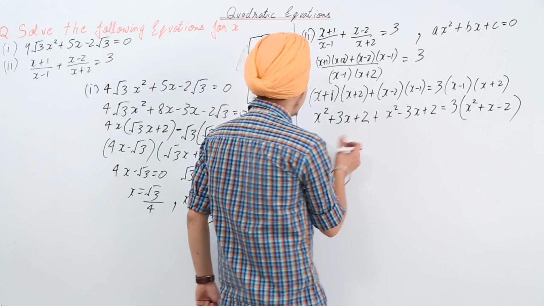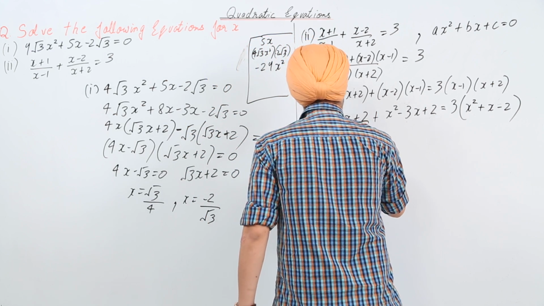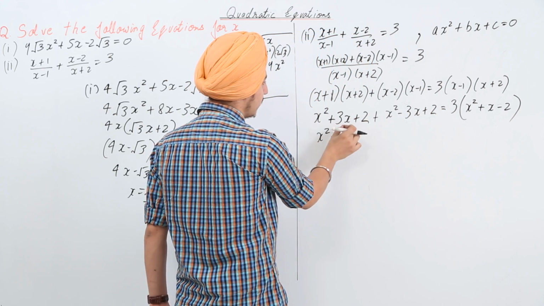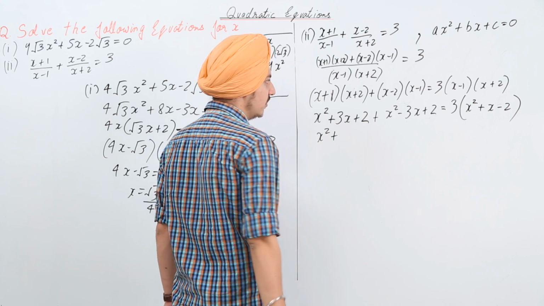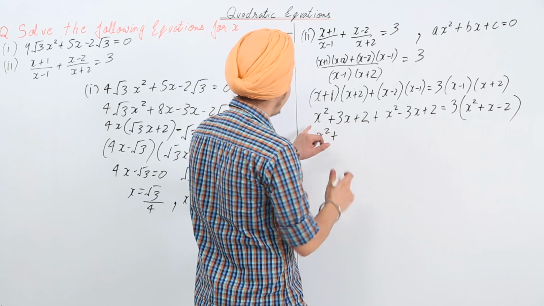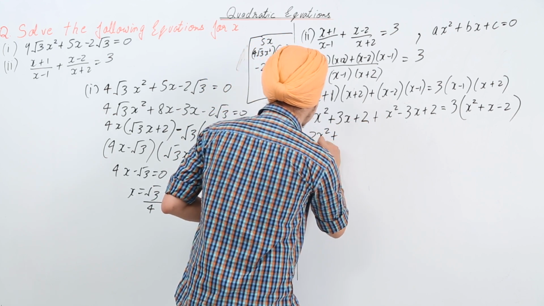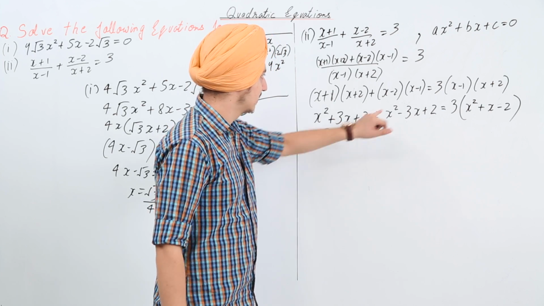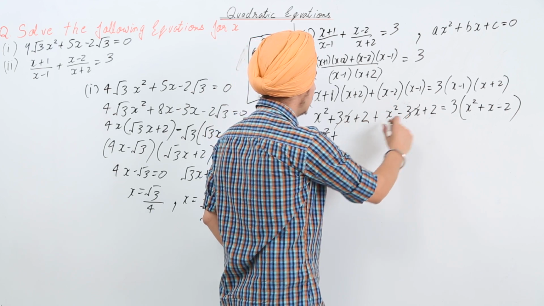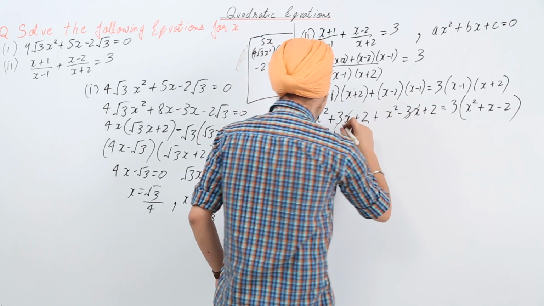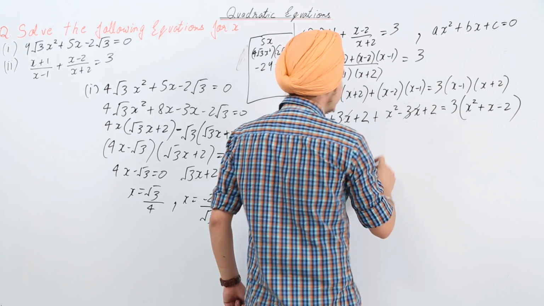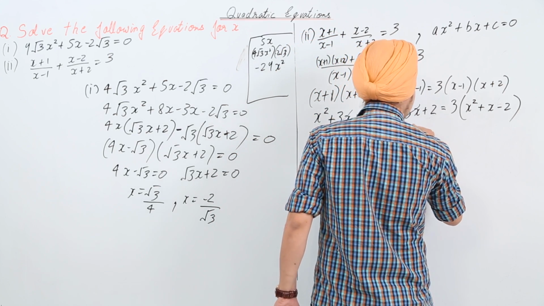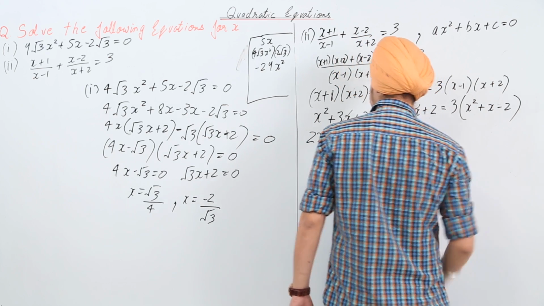Now we again write this, we just combine all the terms with x², then with x, and then all the constants. So we have x² and x², that is 2x², plus 3x and -3x, that is 0. So these two terms are cut, plus we have 2 plus 2 is 4, is equal to 3x² plus 3x minus 6.